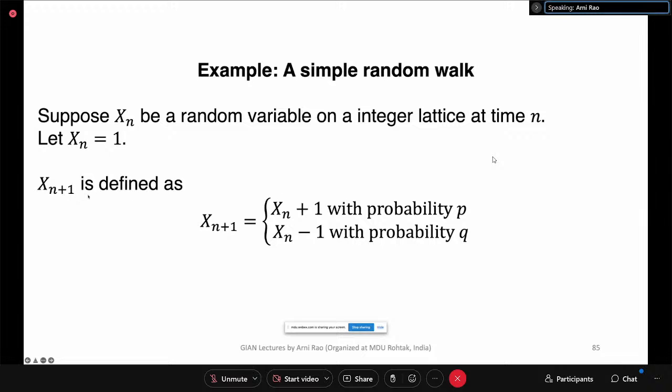Then Xn+1 is defined as Xn plus 1 with probability p, or Xn minus 1 with probability q. So the value of the random variable at the n+1th step equals the value at the nth step plus integer 1 with probability p, or the value at the nth step minus 1 with probability q.